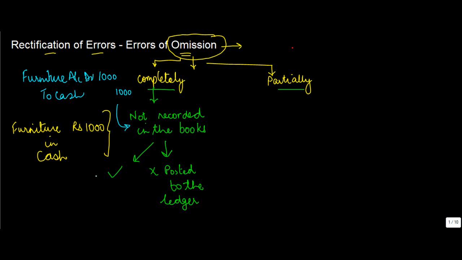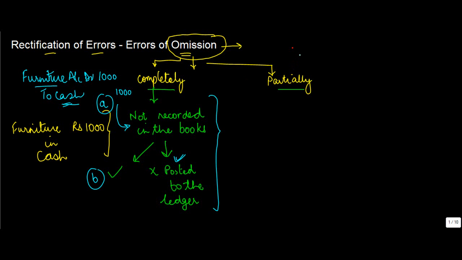On the other hand, let me call this A, and in the other case, this furniture to cash entry is passed in the journal, but it is not posted to the ledger. So in the furniture ledger account, there is no debit of 1,000, and in the cash account, there is no credit of 1,000, right?